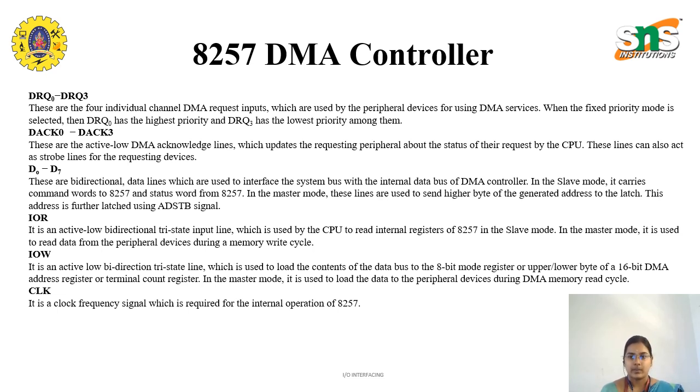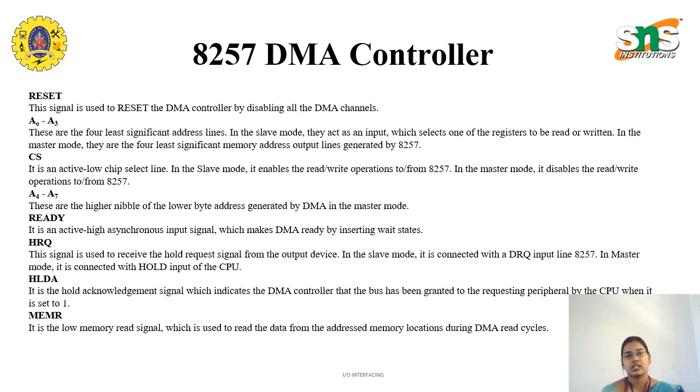Next is IOW. It is an active low bidirectional tri-state line which is used to load the contents of the data bus to the 8-bit register. Next is clock. It is a clock frequency signal which is required for internal operation of the 8257. Next is reset. This signal is used to reset the DMA controller by disabling all the DMA channels.